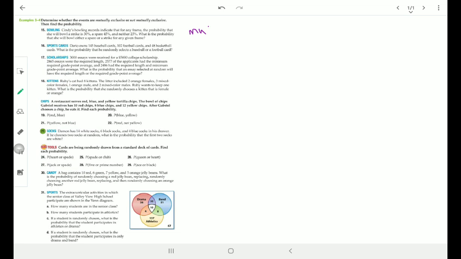Okay. Now, with mutually exclusive, we add our probabilities. So I have to find the probability of each happening and then add those two together. So the probability that he draws a baseball card, well, there are 145 baseball cards out of a total of 295 cards.